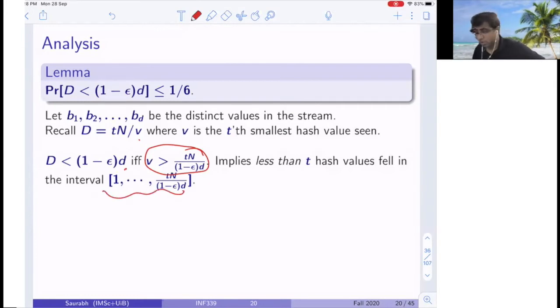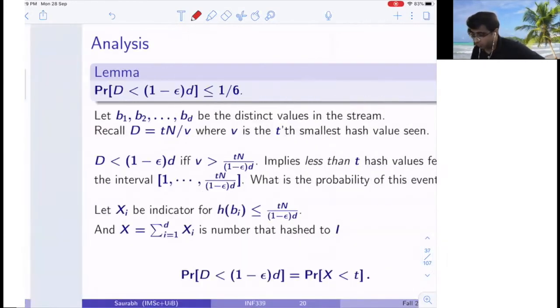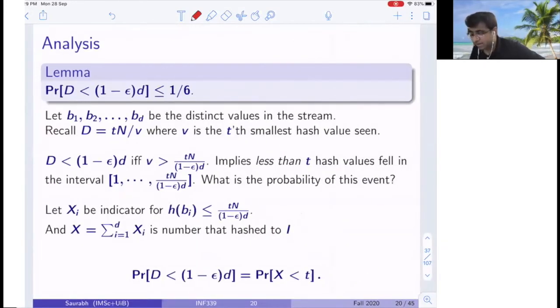Now we have to analyze what is the probability that fewer than t hash values fall in the interval 1 to this. So let xi be an indicator random variable for the element bi. What is the indicator random variable? It takes 1 if the hash value is less than whatever we wanted and 0 otherwise.